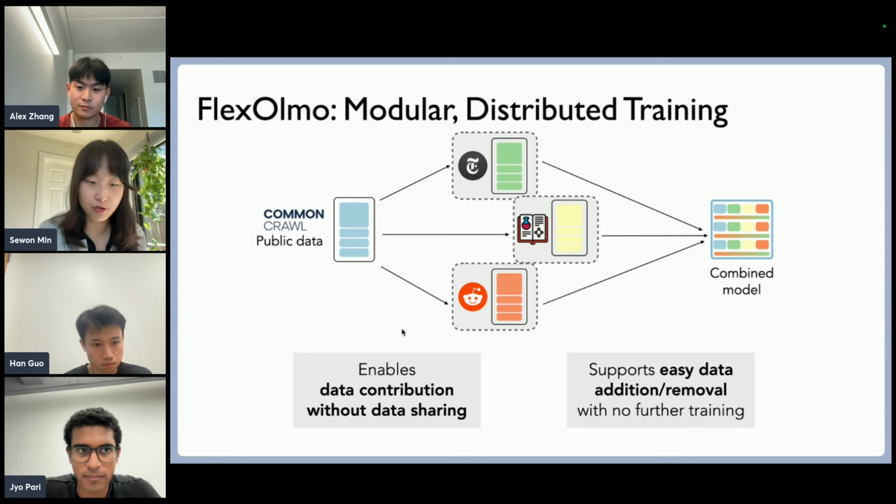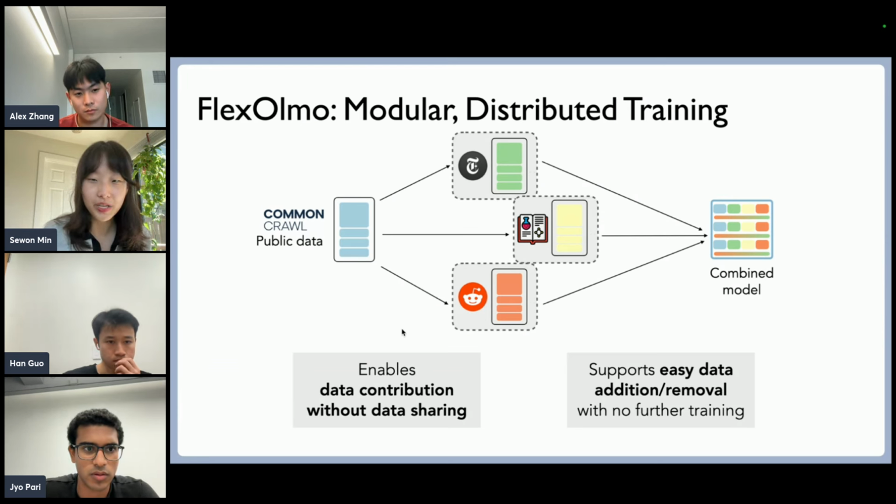So that's one issue. The other issue, which I included as a limitation at the end of the slides, is that as you have more data owners, the model size gets very large very quickly. Even though you're not activating all experts, you have to load all these experts into your memory, and that can be a big bottleneck.